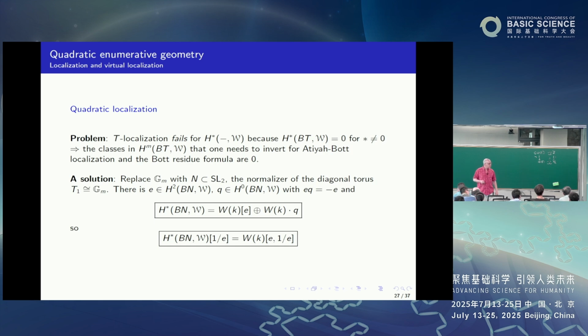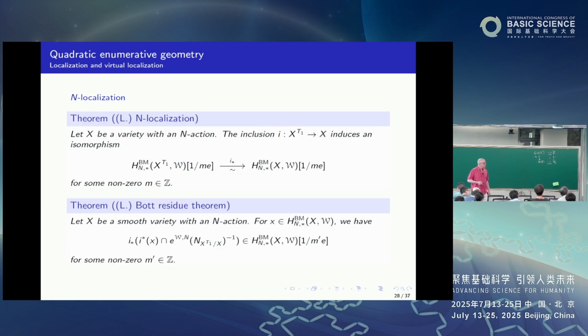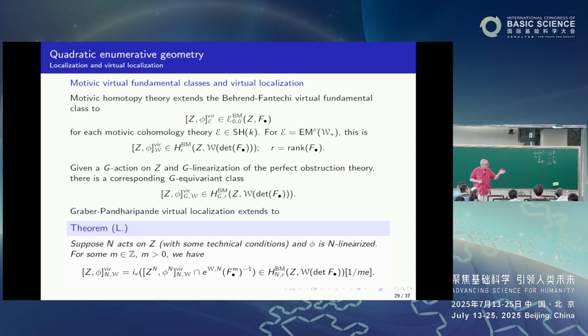So that's the replacement. And you have the analog of the localization theorem, the Atiyah-Bott localization theorem for Witt cohomology using the normalizer instead of the torus, an analog of the Bott residue theorem, and you also have an analog of the Graber-Pandharipande localization.